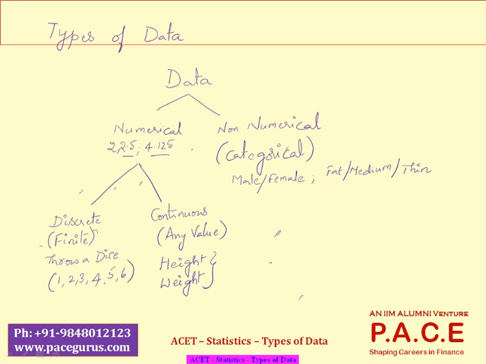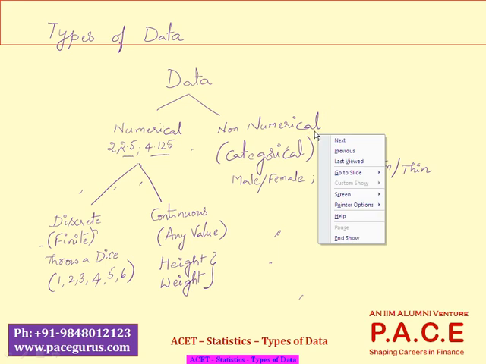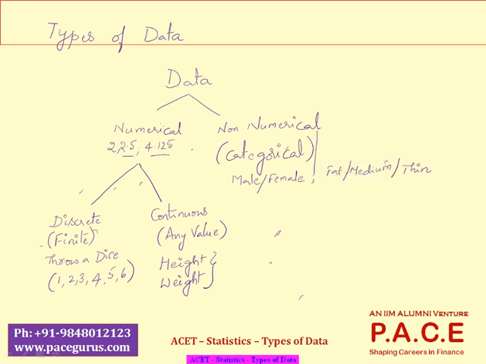Then when it comes to non-numerical data, we find there are three types of categorizations.